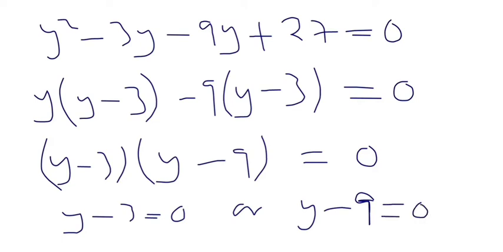Then when negative 3 crosses the equal sign, it becomes positive. Negative 9 crosses the equal sign, it becomes positive. Okay, so what this implies is y is equal to 3 or y is equal to 9.